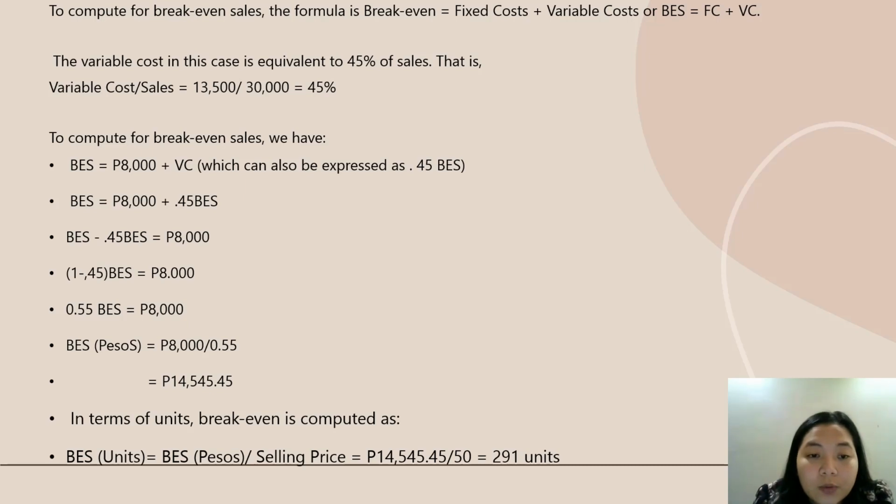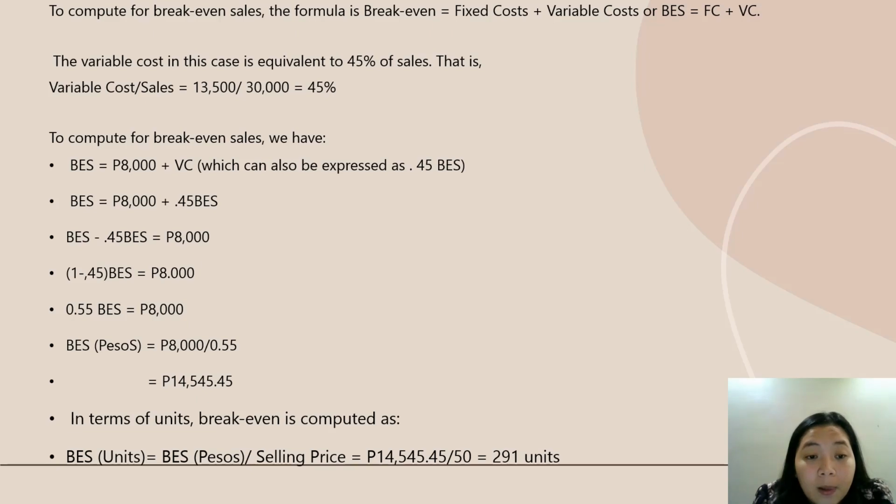We will transfer the 0.45 BES to the left side, and when we transfer it, it becomes negative. So we have BES minus 0.45 BES equals 8,000.